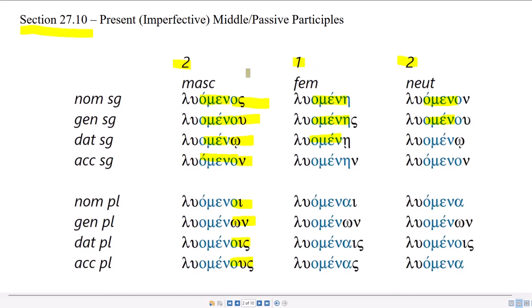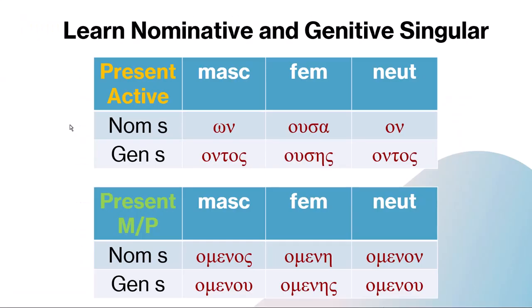Now this can seem very intimidating, but if you focus on learning the nominative and genitive singular forms, then that's all you really need to know in terms of filling out the rest of the table. For the present active masculines, the nominative singular is on, genitive singular ontos. For the feminines, the nominative singular is ousa, genitive singular ouses, and then the neuters, nominative singular on, genitive singular ontos.